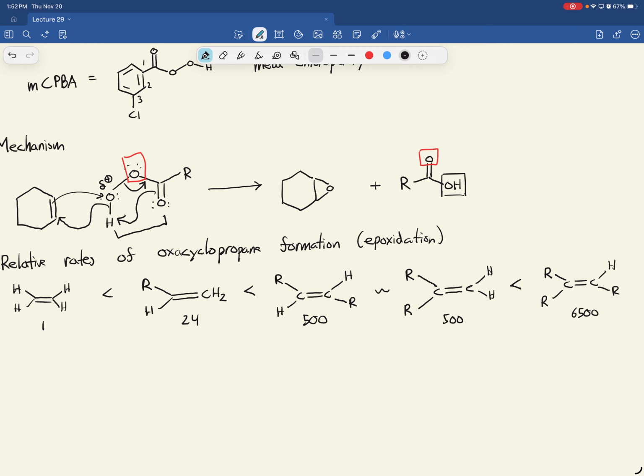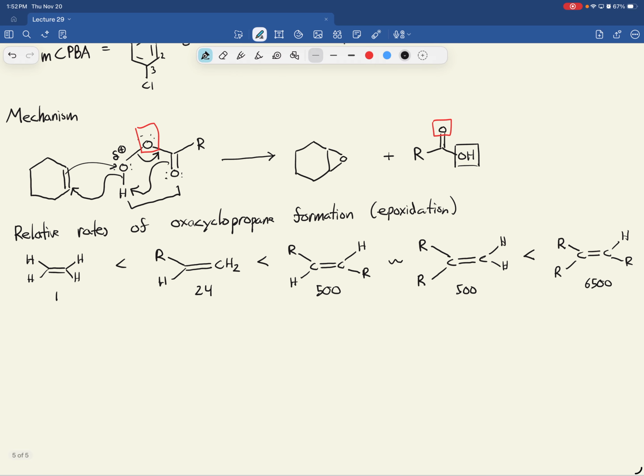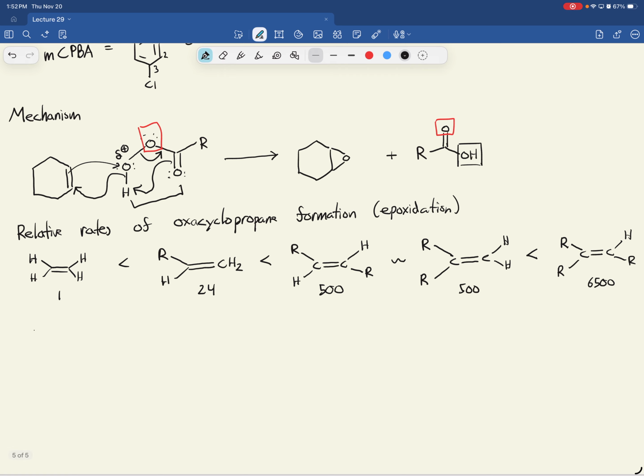And then this is even less reactive than a tetrasubstituted alkene, which reacts the fastest. So it's much greater than 6,500. It's so fast, maybe it's too fast, we can't actually record the rate.